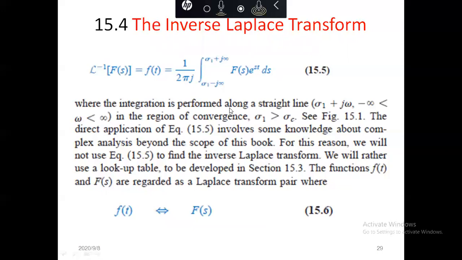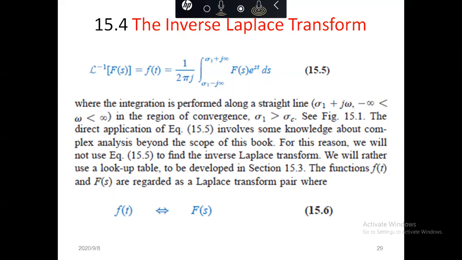When we have the value sigma 1 plus j omega, with omega from minus infinity to infinity, the region of convergence is sigma 1 under sigma c, because omega varies from minus infinity to infinity, and sigma 1 is within the region of convergence.